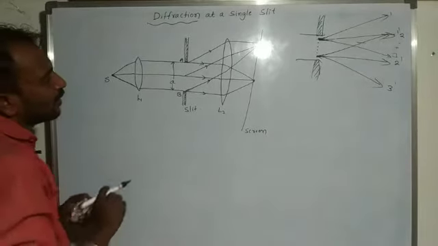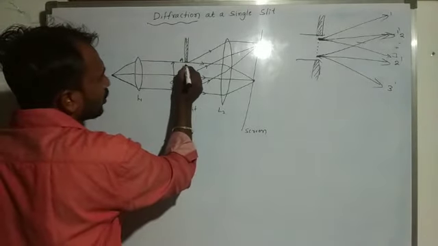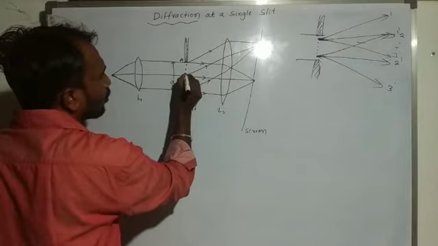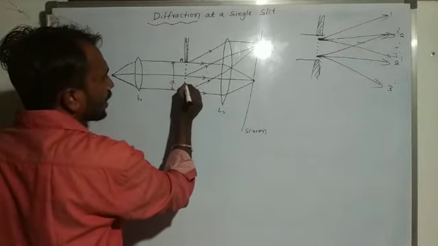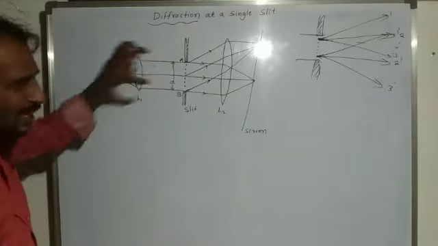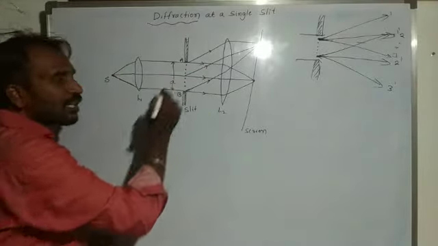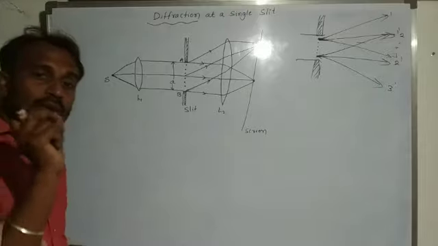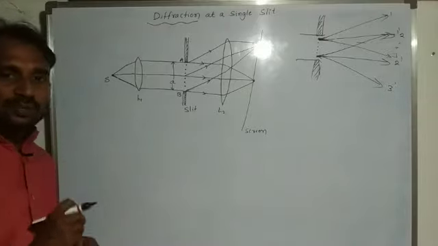And here we consider a number of points present in a particular slit. These are what we consider Huygens' locus points.